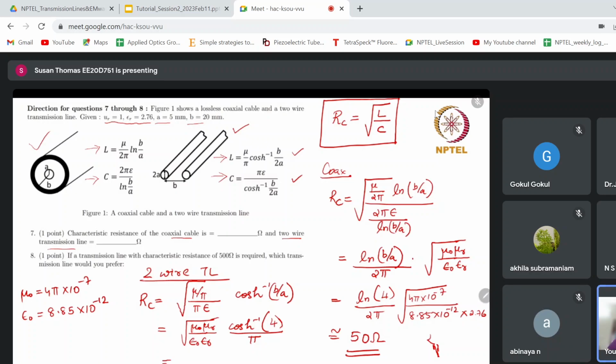So can we have the answers? Sorry, there is b by 2a, so I made a mistake here. So it is not 4.